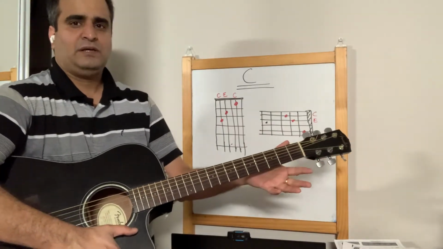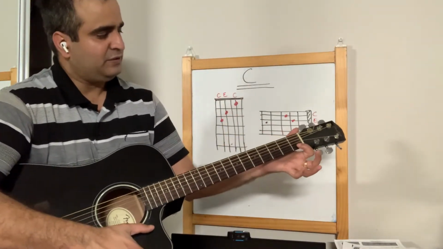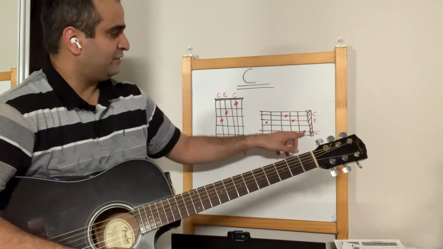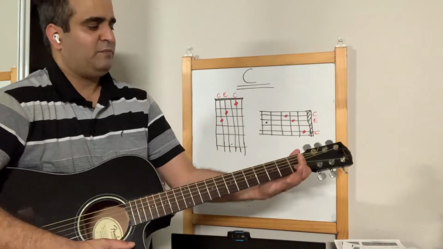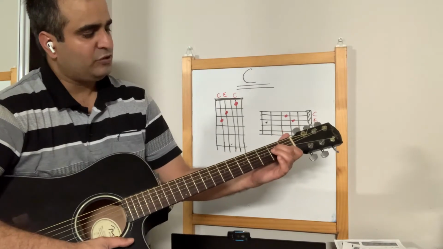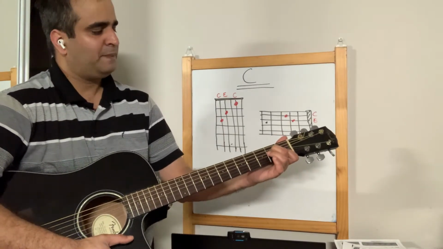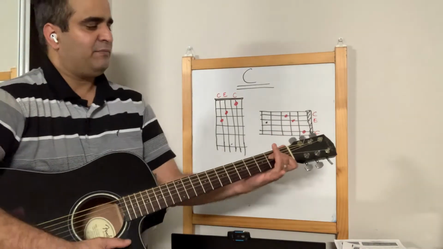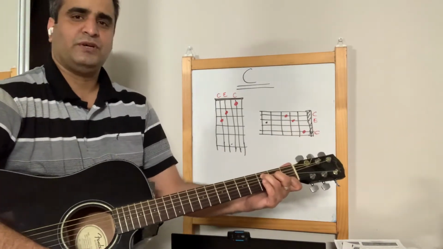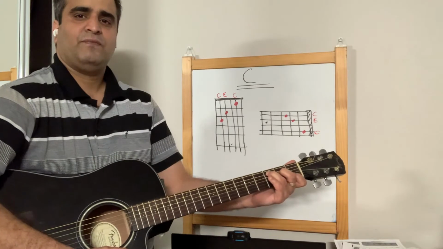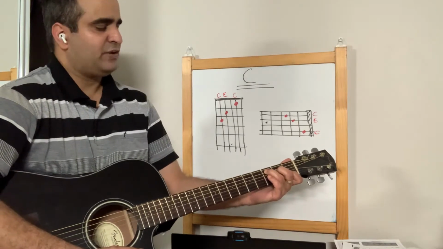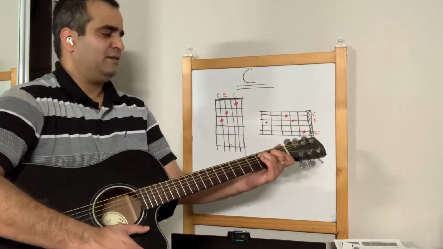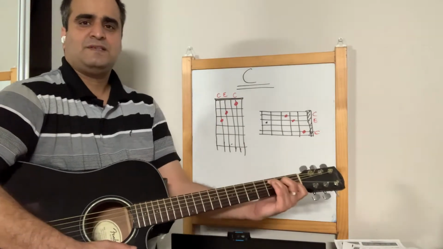So I'm going to use my first finger on the second string first fret, C. My second finger or the middle finger I'm going to use on the fourth string second fret, which is E, and my ring finger I'm going to use on fifth string third fret, which is C. Okay, so this is my C chord.